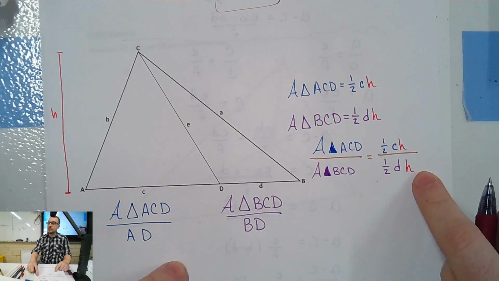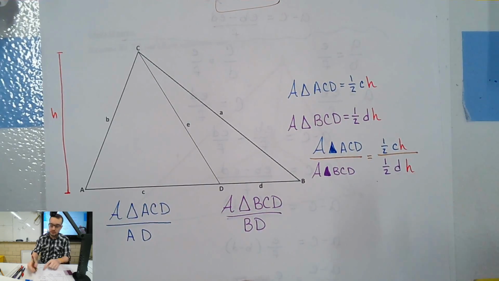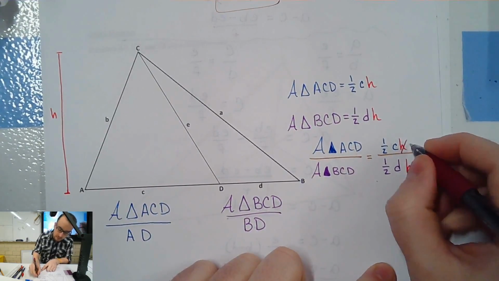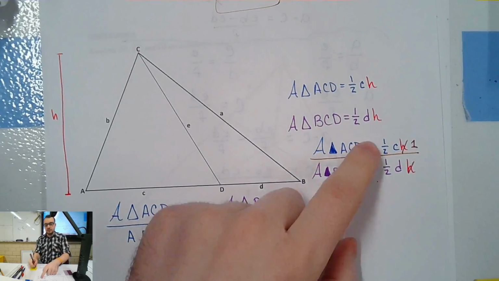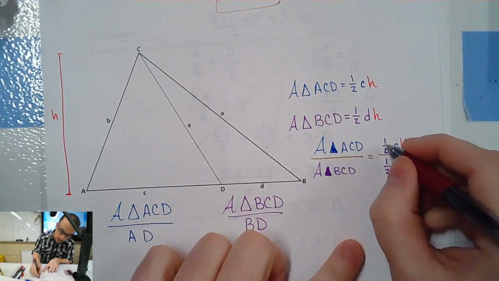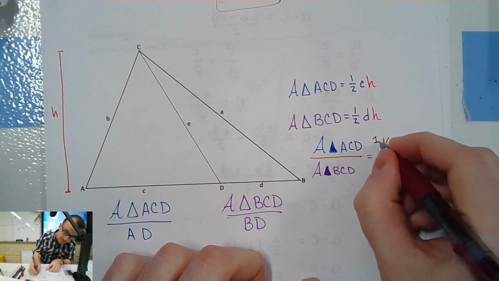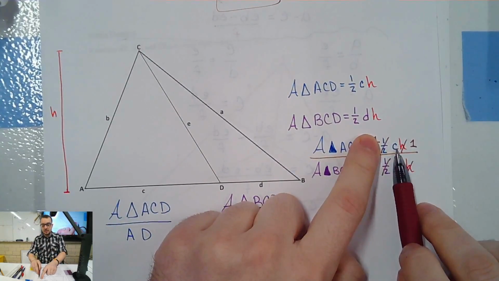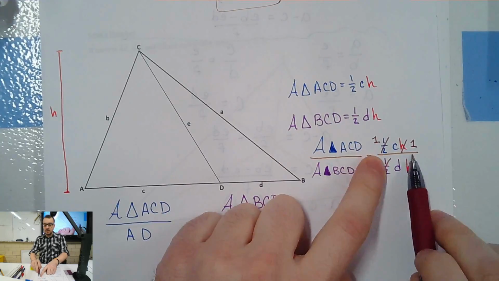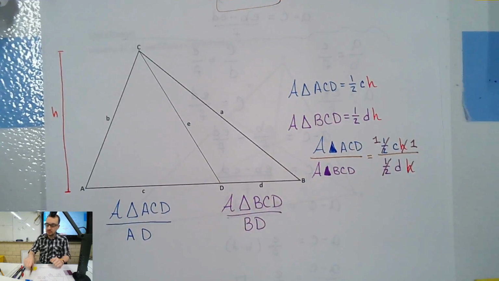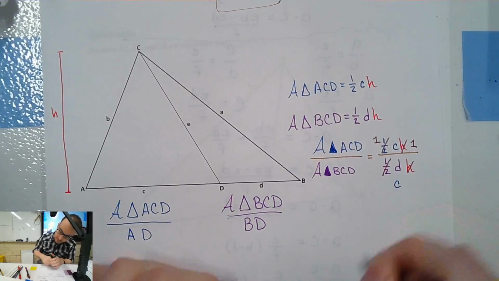What's h divided by h? 1, right? So that becomes 1. And what's half divided by half? 1. Anything divided by itself is 1. So we have 1 times c times 1 divided by d. What's that? C over d.